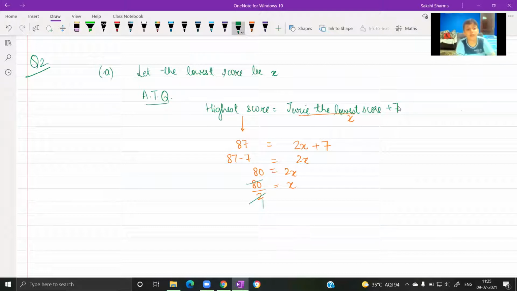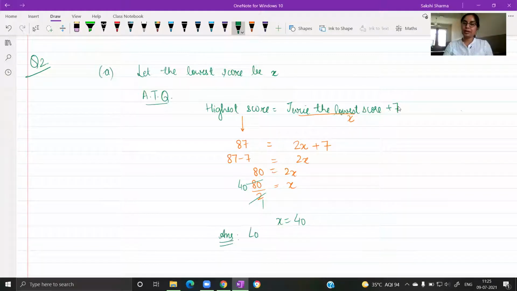Ma'am, it is in this exercise, in 4.1. I want you to check, Anad. Take a look. Okay, ma'am. Turn to page 82 and check. This is the answer. The lowest marks in the class is 40.